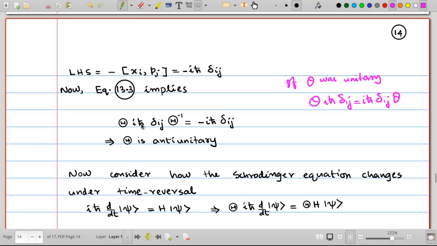So you will get minus i h bar delta ij theta. Then theta inverse is identity, and we will get minus i h bar delta ij, which is exactly the same as the right hand side. So this condition that the commutators remain unchanged under this transformation necessitates that theta is an anti-unitary operator.